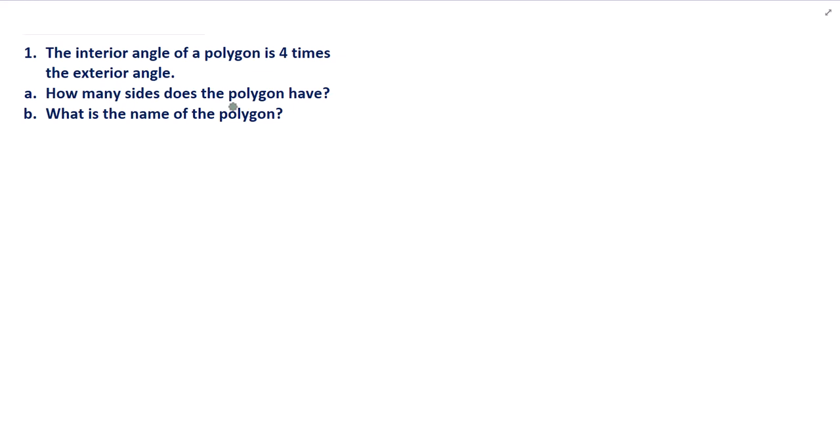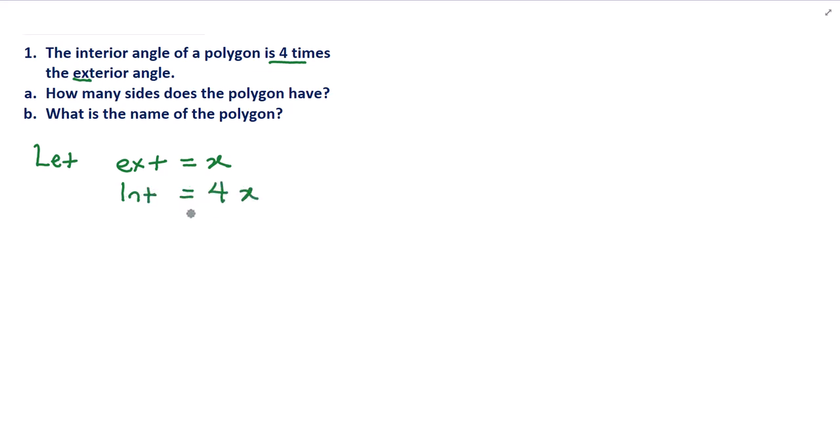So we have two things here, interior and exterior. Let the exterior angle equal x. The question says the interior angle of a polygon is 4 times, take note of this, the exterior angle. So if the exterior angle is x, it simply means the interior angle is 4x.